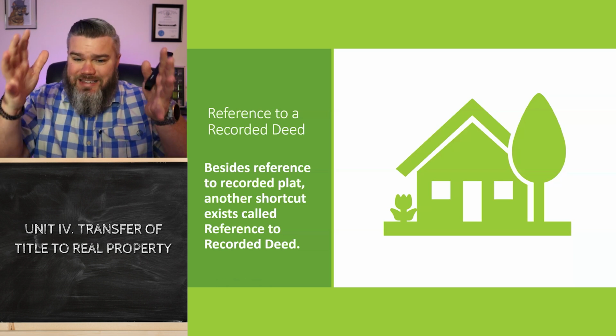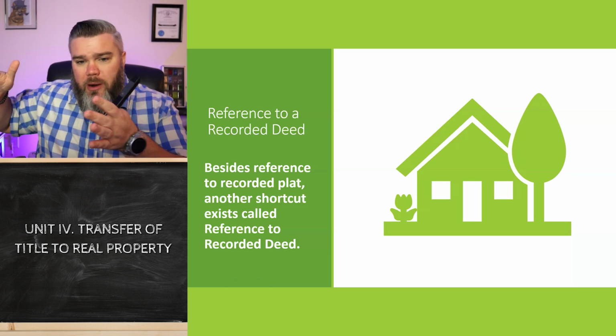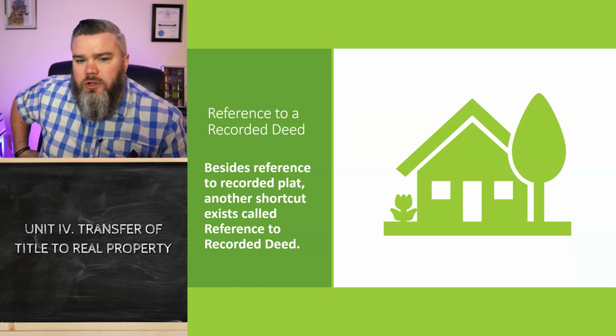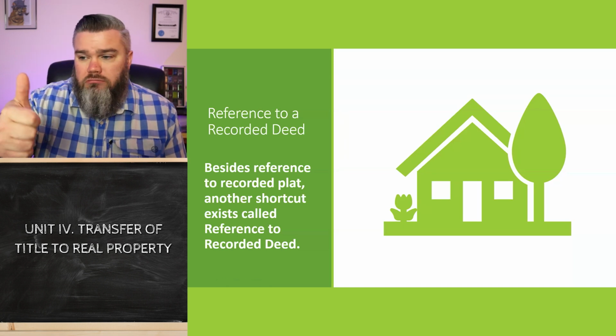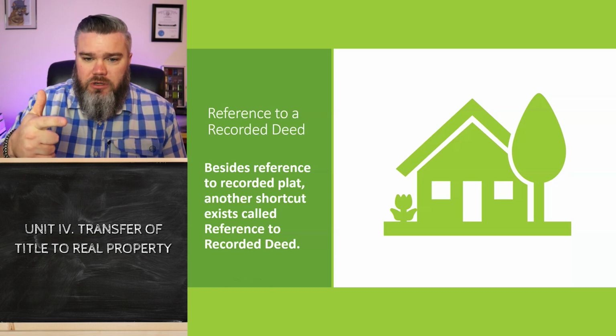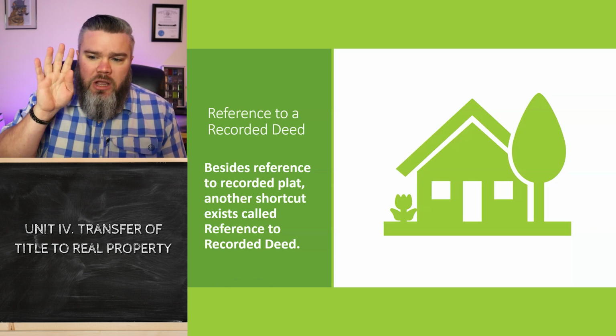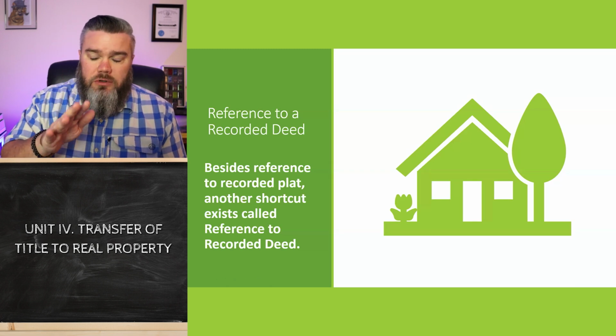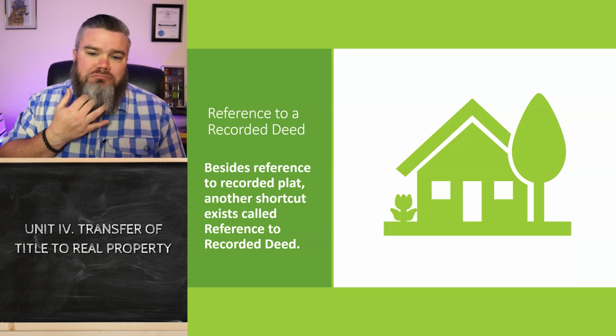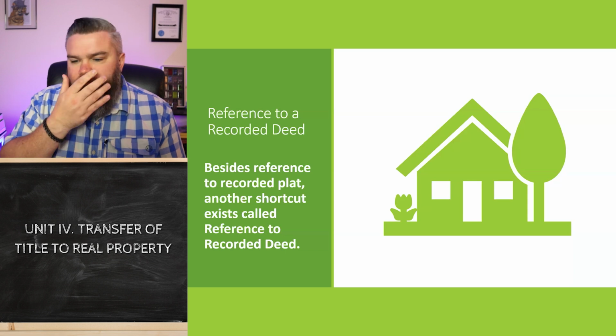If you refer to this deed and this deed refers to the property in another legal description, you've technically referred to the property. So what the deeds will typically contain is reference to a recorded plat or a metes and bounds legal description. So we can say, being all of the property as described on this deed. And when we say that, you go look at that deed, you see the other legal description, we know which property you're talking about.